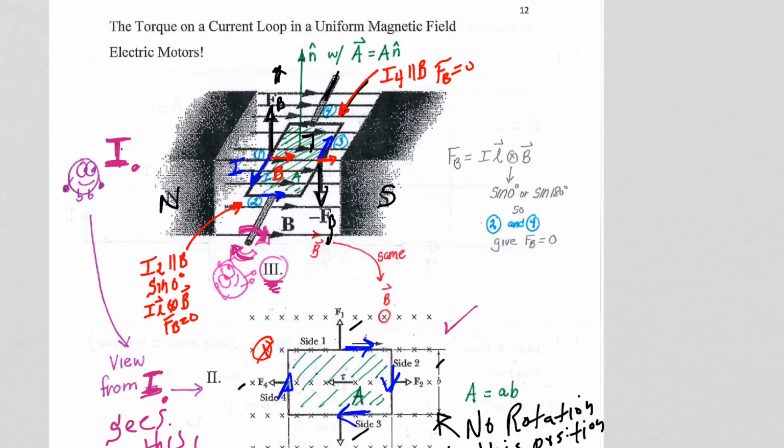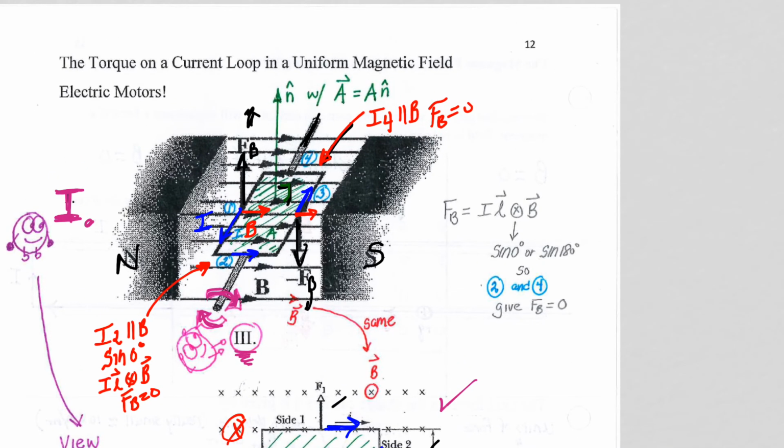The direction is given by taking your right hand, spinning your fingers in the direction of the current, and sticking your thumb out.